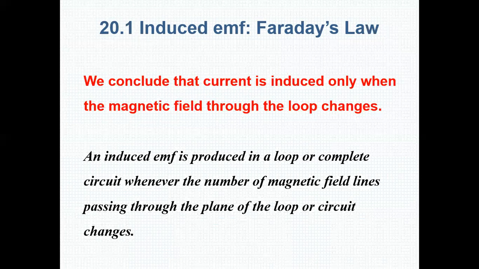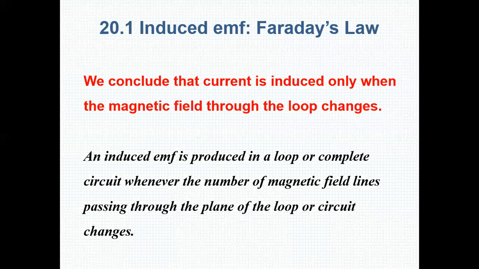So an induced EMF is produced in a loop or a complete circuit whenever the number of magnetic field lines passing through the plane of the loop is changed.